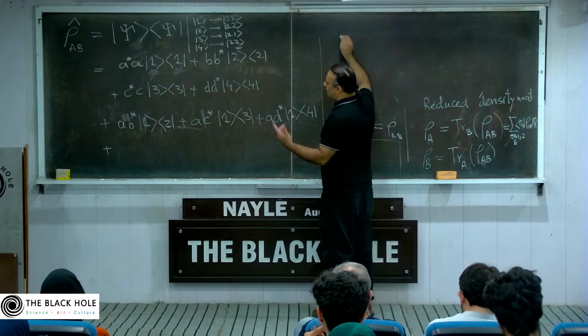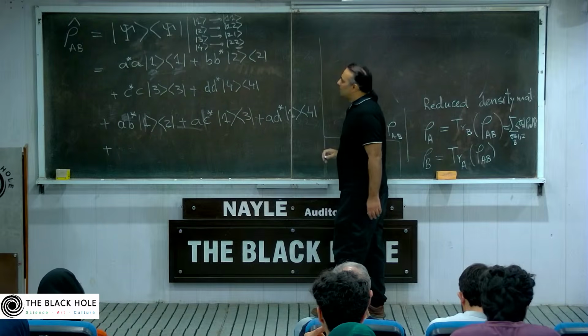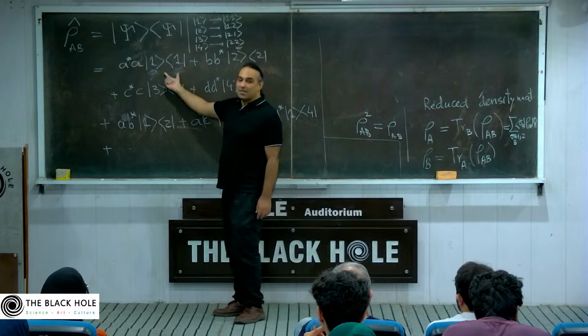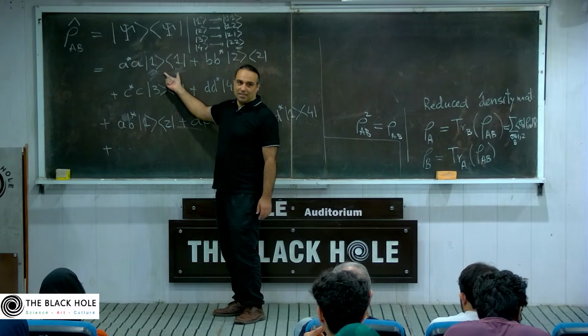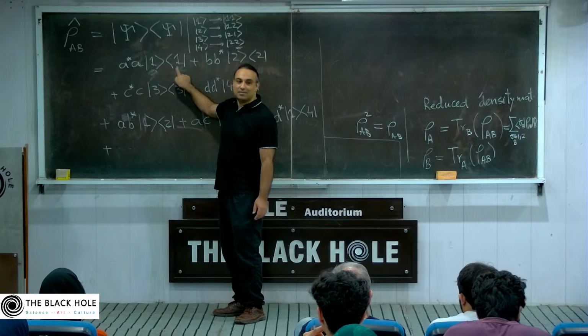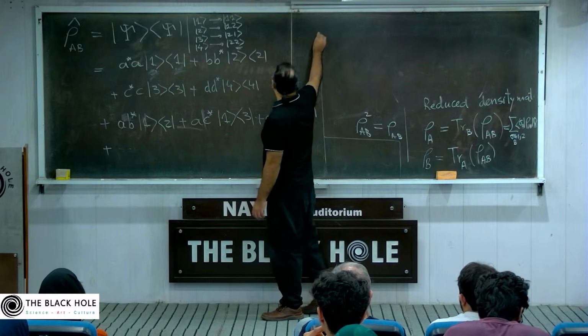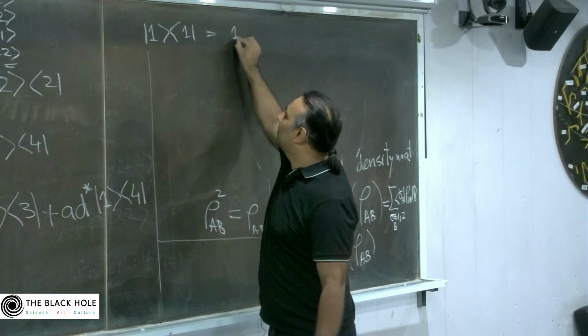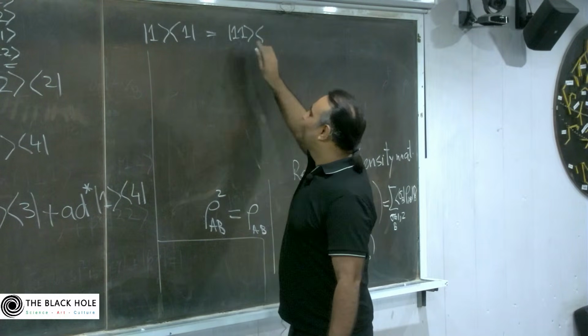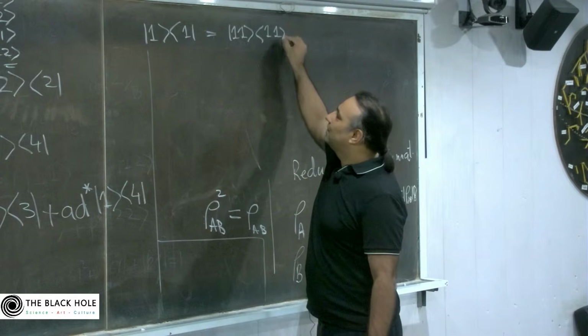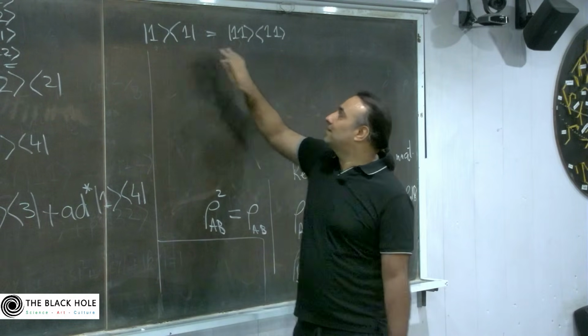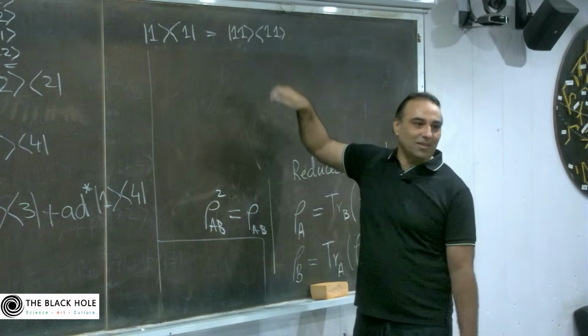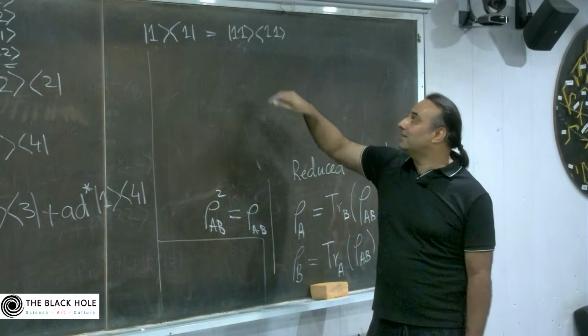So the first term, does it contain anything diagonal in the B? So it's 1 1 is basically 1 1, 1 1. This is for the composite system and this is for system A and B. Okay, so that should be clear, I guess.